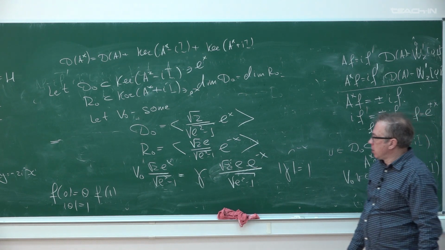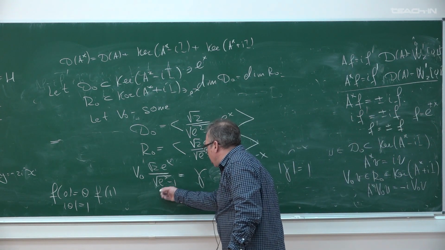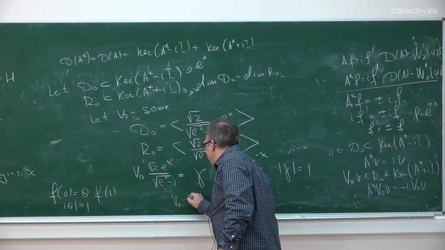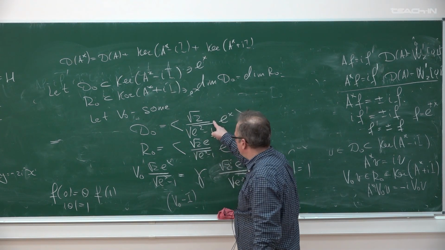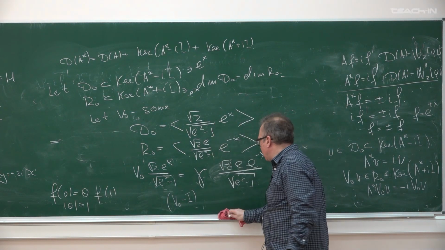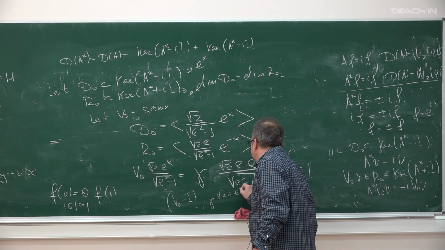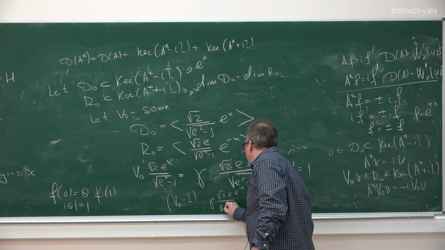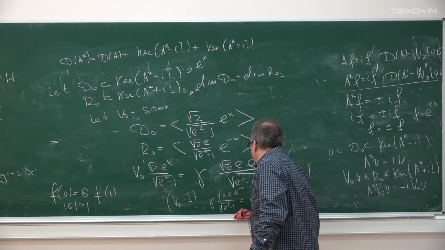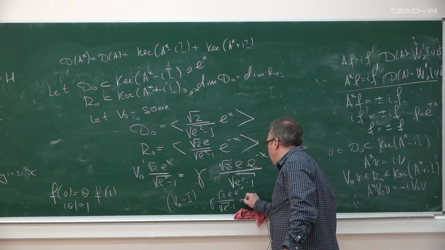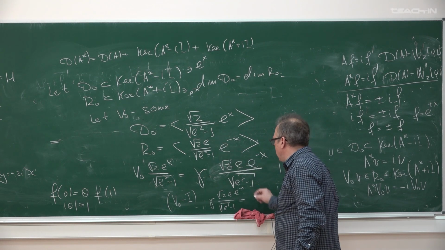So you can write this function v0 minus i, and check what you have, so you write gamma minus this.